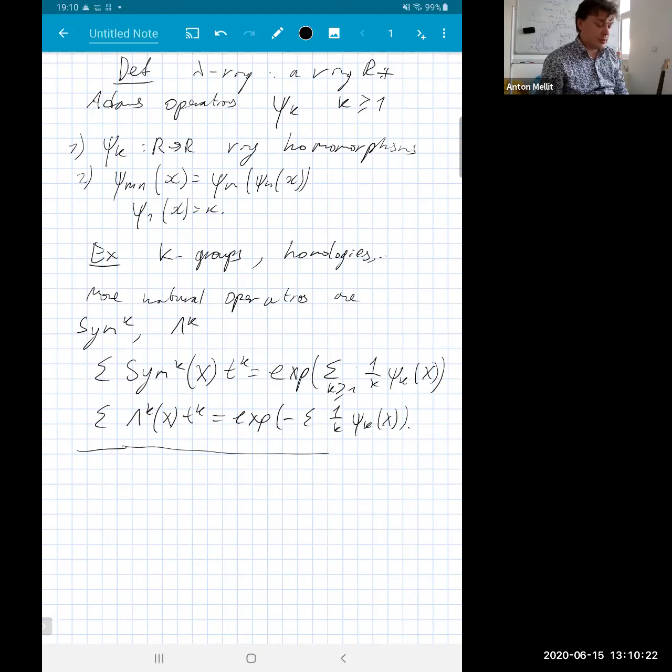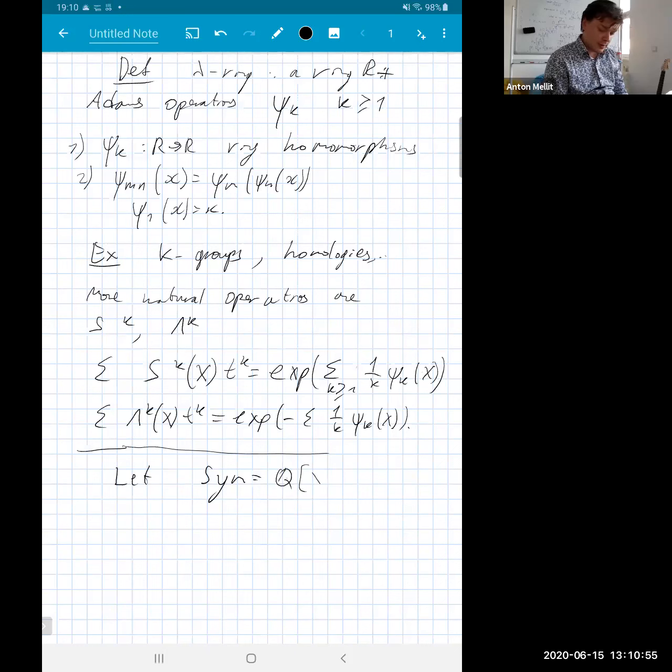Now, once we have a lambda ring, a good thing to do is to extend Adams operations to an action of the ring of symmetric functions. Let's denote the symmetric powers by S. So consider the ring of symmetric functions in infinitely many variables.